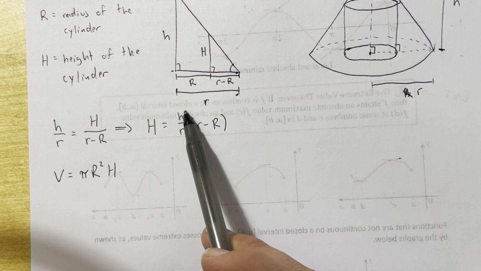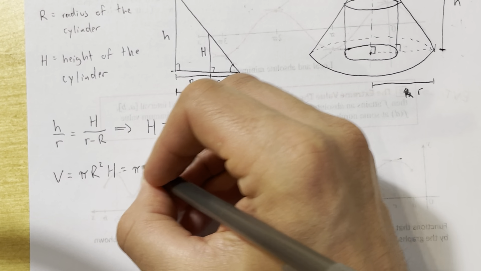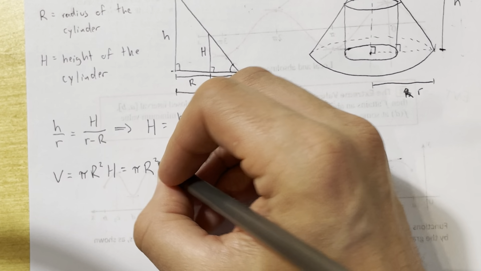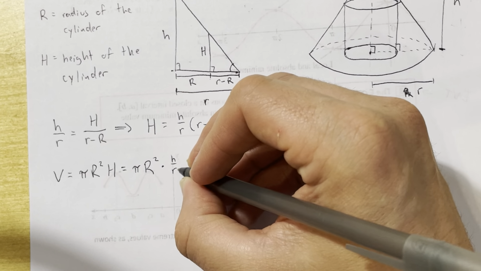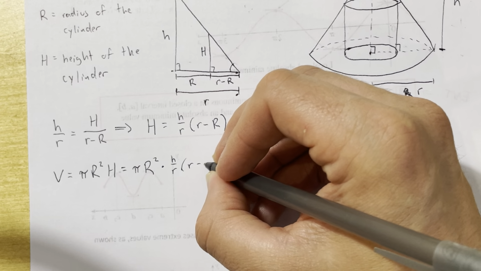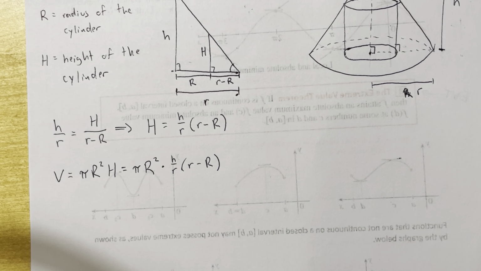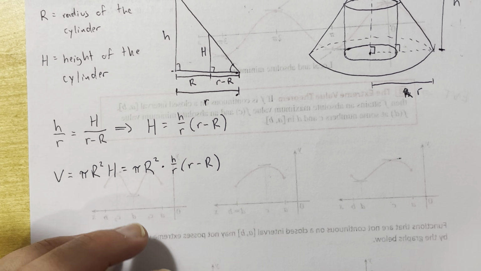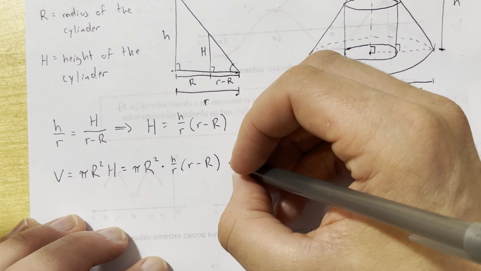I want to substitute this expression for the capital H right here, which gives me pi R squared times little h over little r times little r minus big R. Okay? And then I'm going to do a little bit of rearranging. I'm going to write this slightly differently.